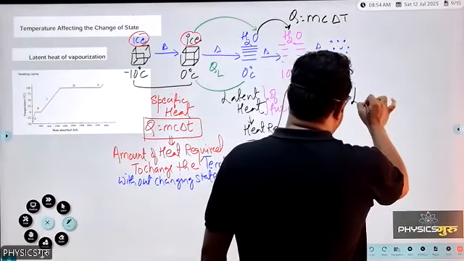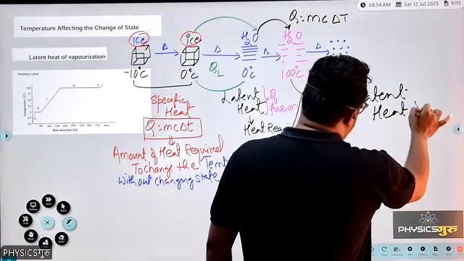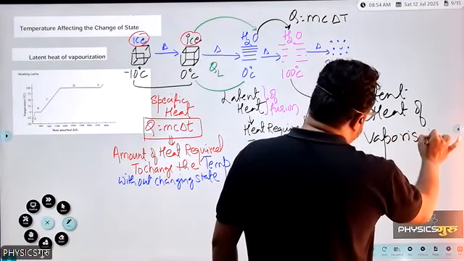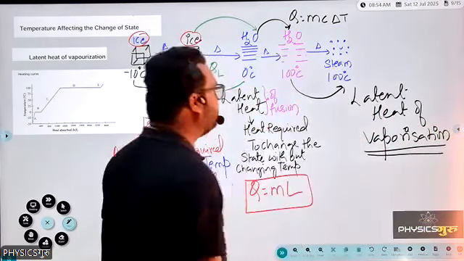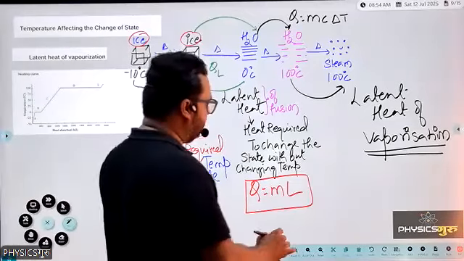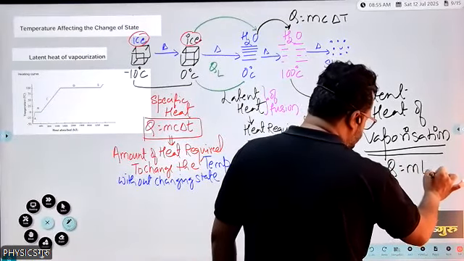So it is called latent heat of vaporization. So Q is equal to mL, mass into latent heat of vaporization.